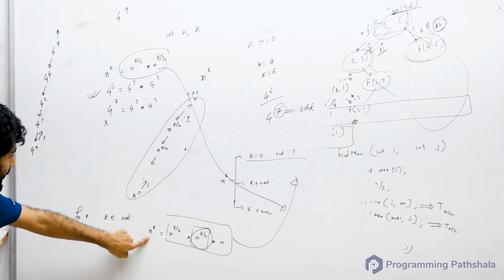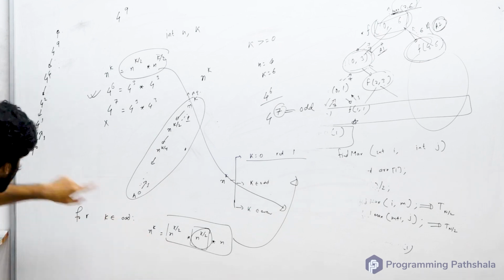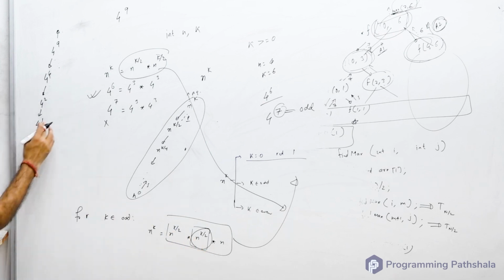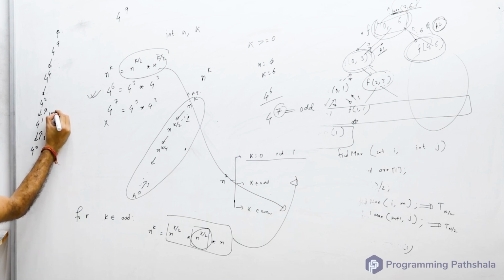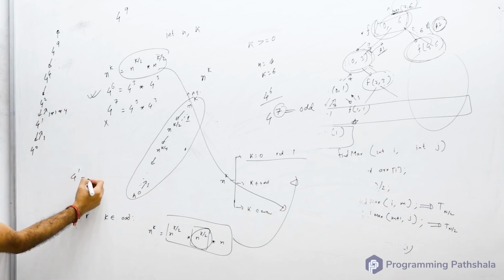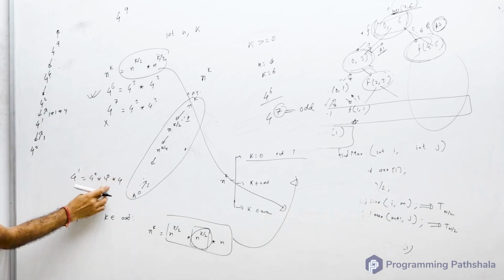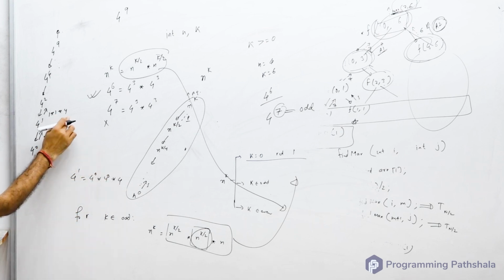For an odd value, you return what you got from children, squared, multiplied by n. So you will return to your parent 1 into 1 into 4, and that is correct. Why are you returning that? Because you wrote 4 raised to power 1 as 4 raised to power 0 into 4 raised to power 0 into a single 4. This thing is depicted here, here, and here.